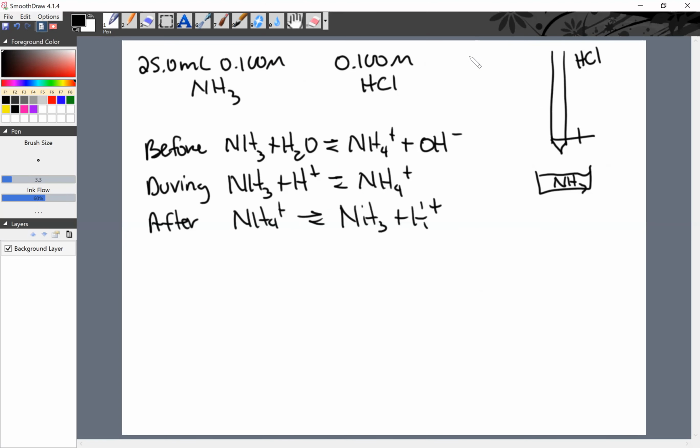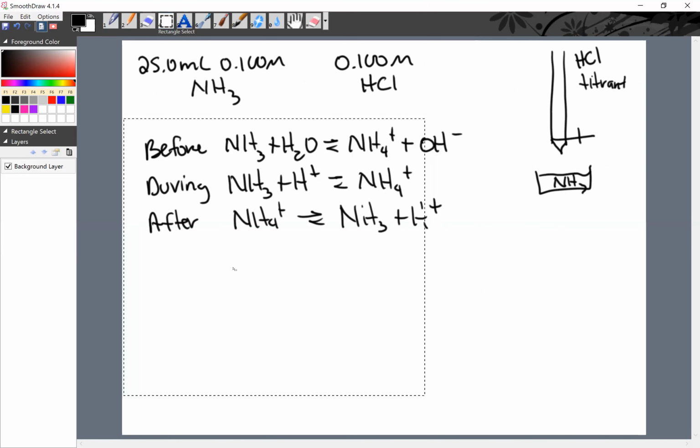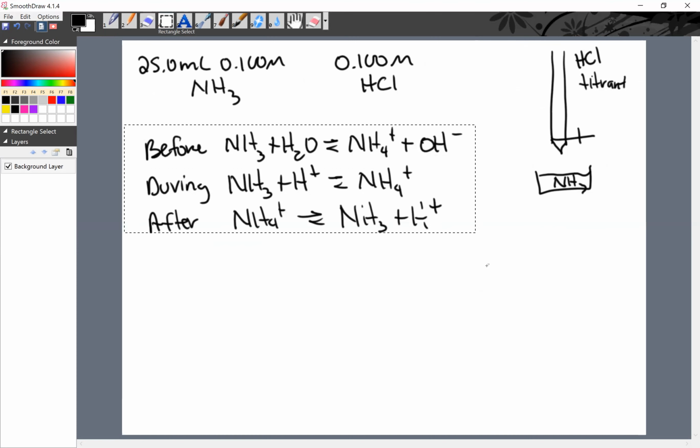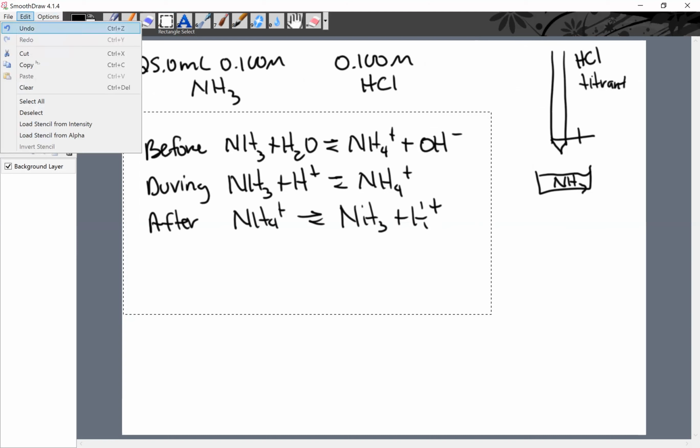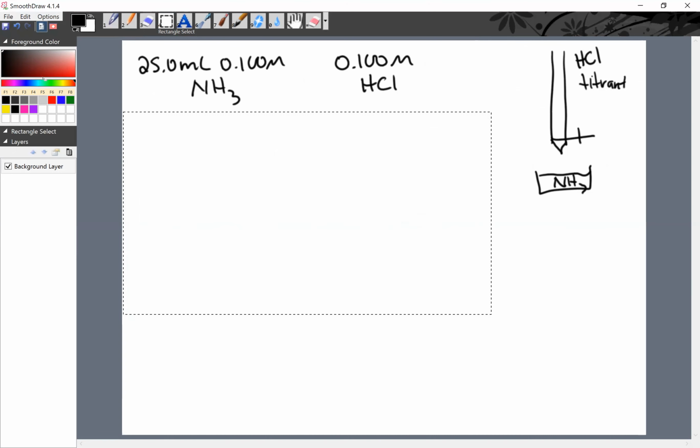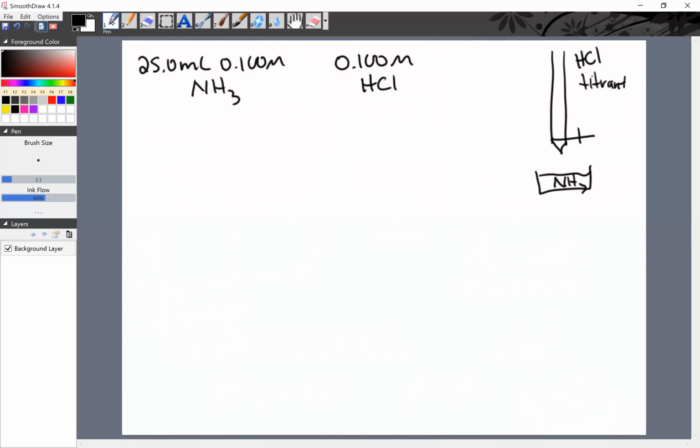Oh, you know what? It's always nice to know how many moles I am starting with and how many milliliters of the titrant I need. Okay, so this is the titrant. So let's just ask ourselves that first.